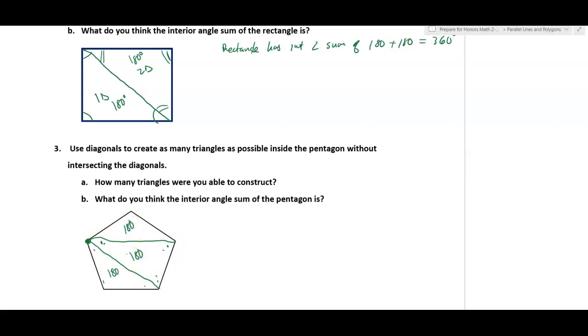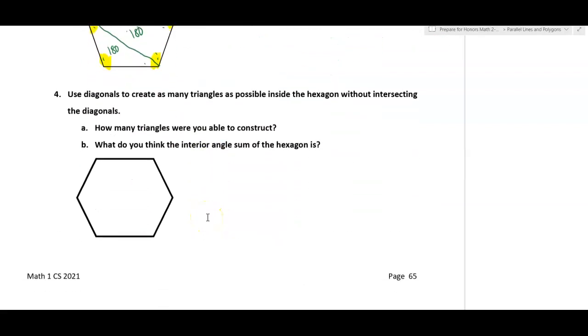This one would have measures of 180. Therefore, the interior angle sum would be 180 plus 180 plus 180, which is 540 degrees. So if I took this whole angle, this whole angle, this whole angle, this whole angle, and this whole angle, added them up, they would all add up to 540 degrees.